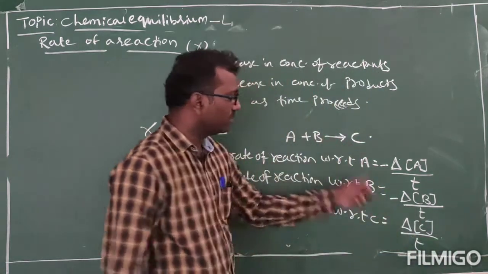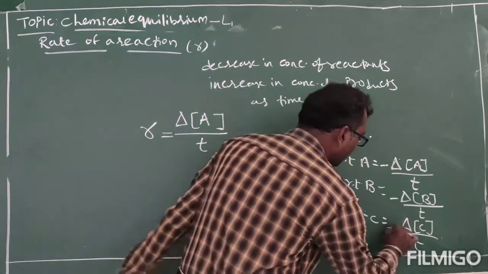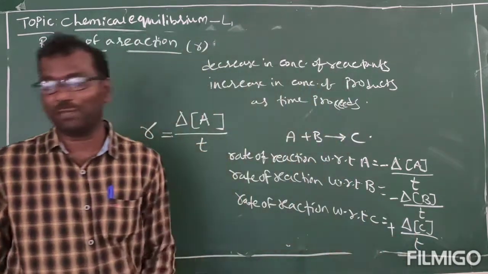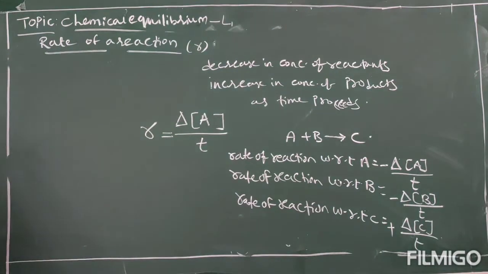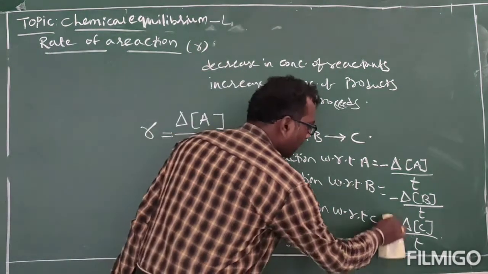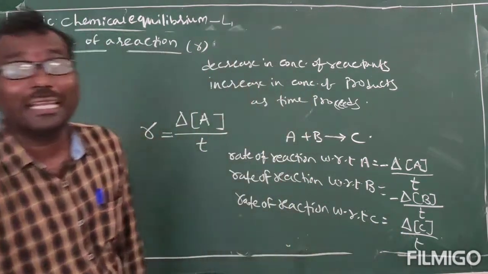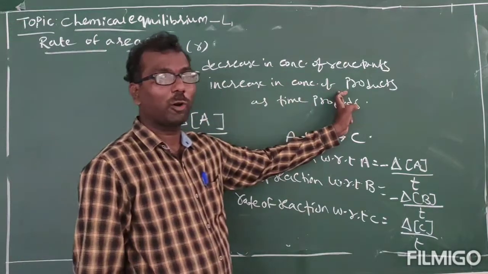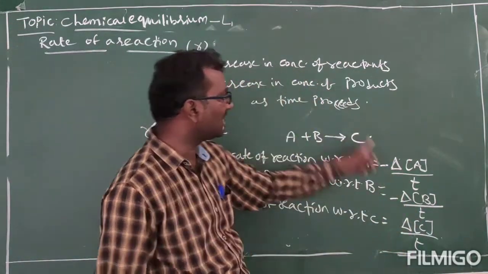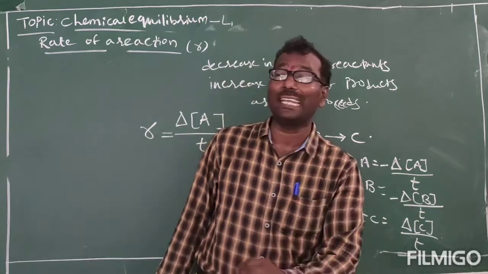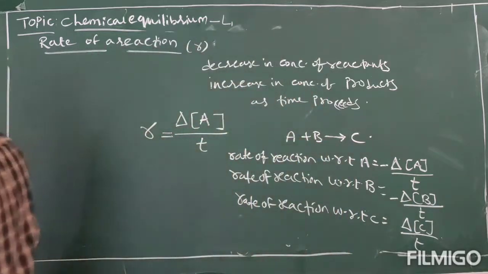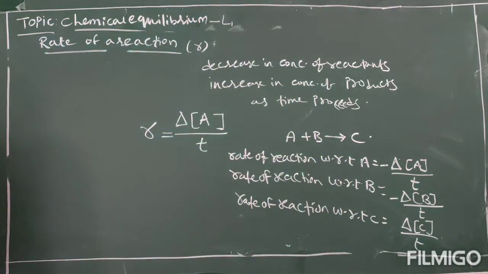It is positive. Plus sign will be there, but for positive, no need to write plus. Why? Increase in concentration of the products. Decrease in concentration, minus means decrease. Okay, so that is the thing we have.